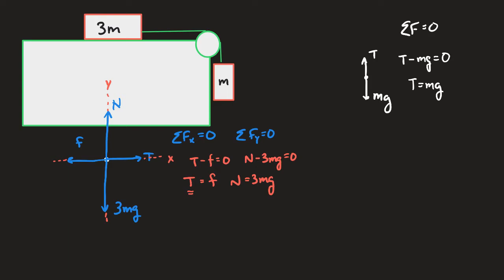I could eliminate tension between these 2 and get a new expression for friction that doesn't have tension in it. Does everybody understand what I just said? To make sure that we're all on the same page. All right, so basically I'm going to say friction equals mg and be done. Because friction equals tension and tension equals mg.